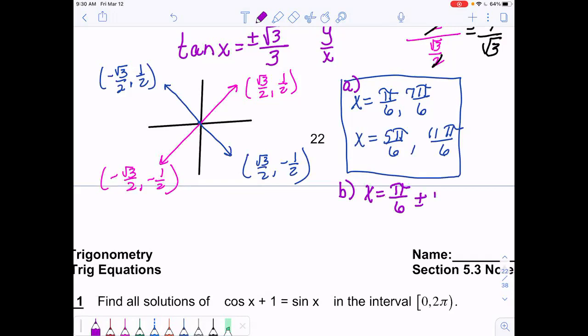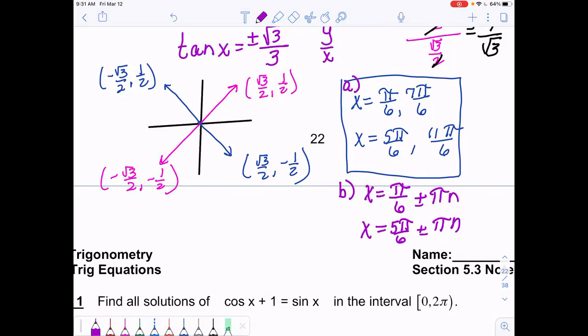I just need to add pi n to my first angle. Because then once I add pi, I can go directly to that second angle. My 5 pi over 6 and 11 pi over 6 are a different pair of angles. So I would have 5 pi over 6 and then plus pi n. So this picks up the angles when it's positive, and that grabs the angles when it's negative. Questions?